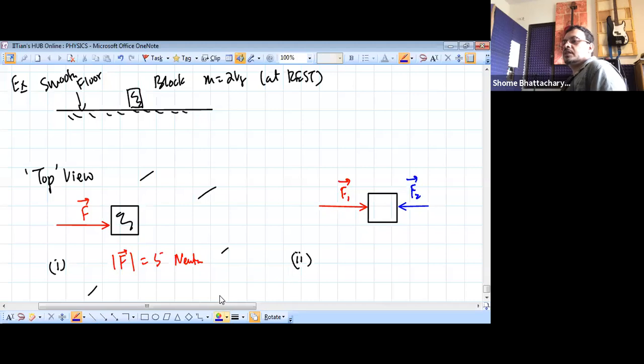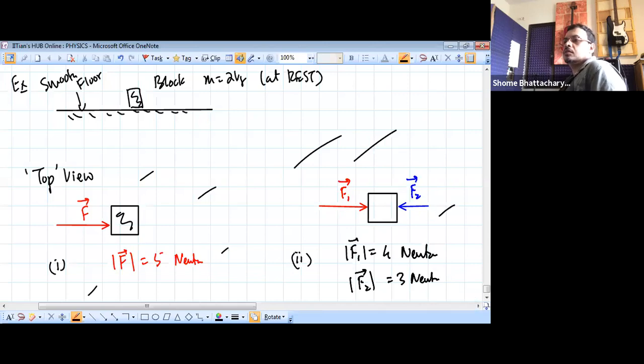And it is given to us that the magnitudes of the forces are 4 newtons and 3 newtons. Okay. Again, this is the top view in all these cases.